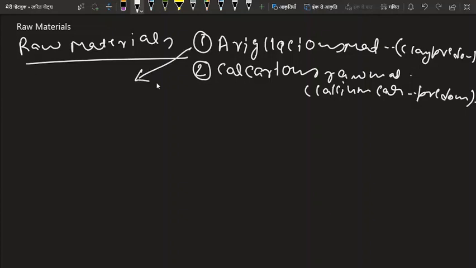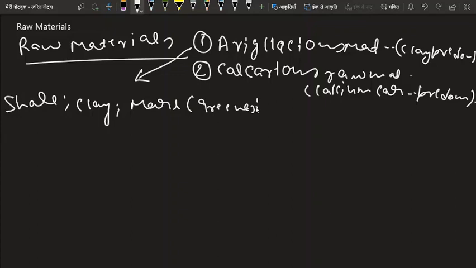Argillaceous material contains shale, of course clay, marl, and blast furnace slag.